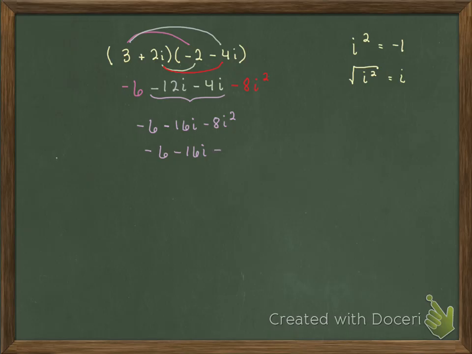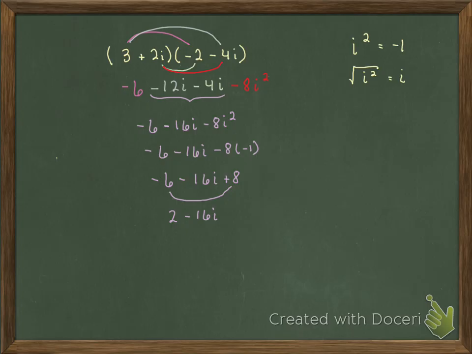So we can replace that i squared with negative 1, and we get negative 6 minus 16i plus 8. Now, those are like terms, so 8 minus 6 is 2. And our solution is 2 minus 16i.